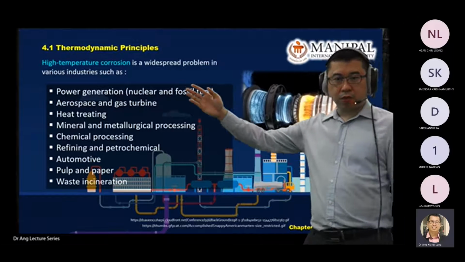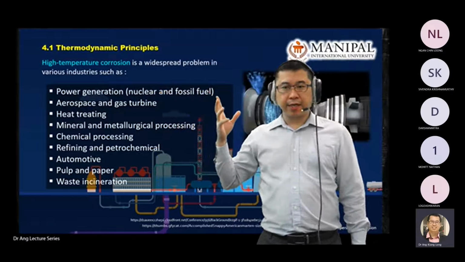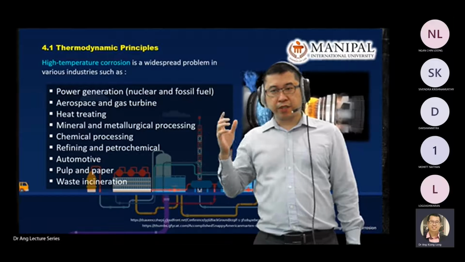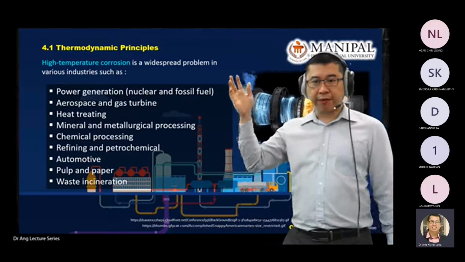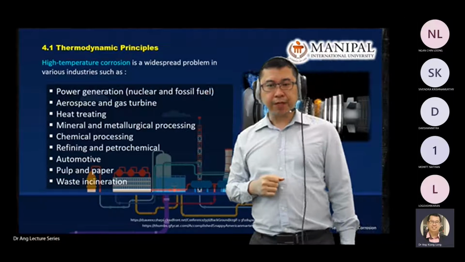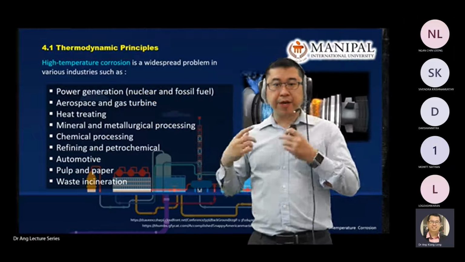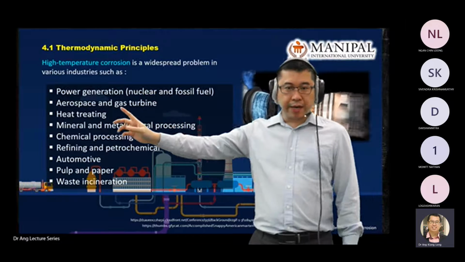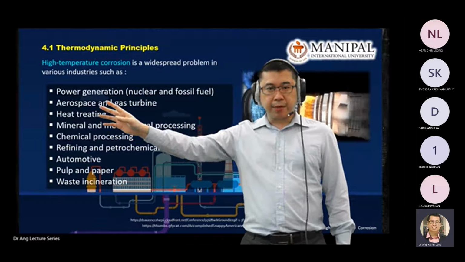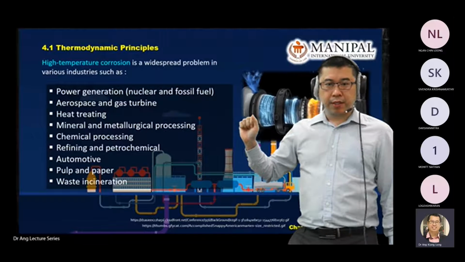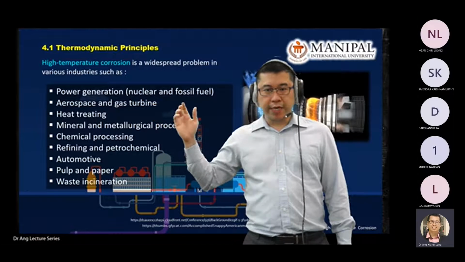For example, power generation: in a power plant you have a change of temperature in the process. Power plants, refineries, and engines; one of the best examples is the aircraft engine or rocket engine, and also the gas turbine.